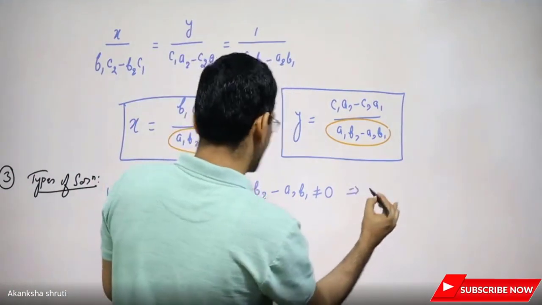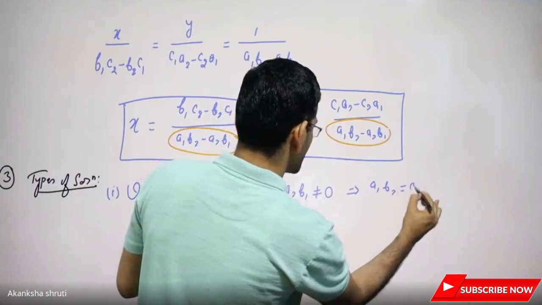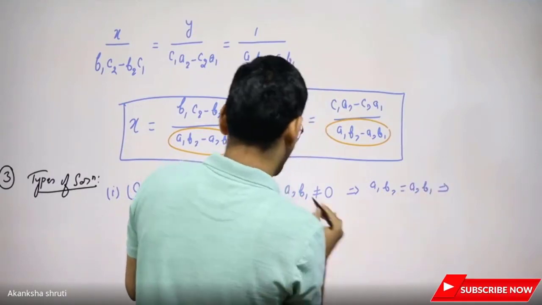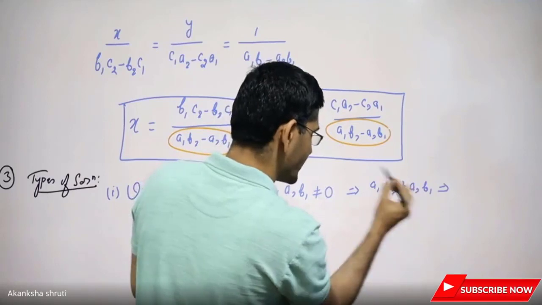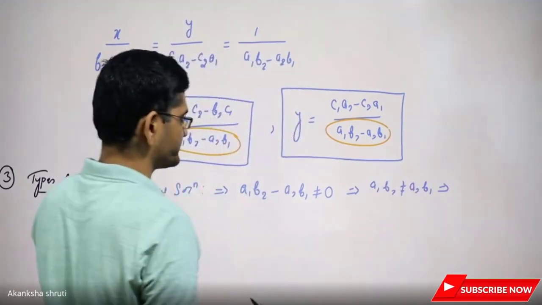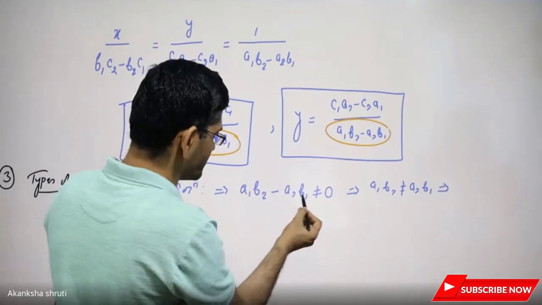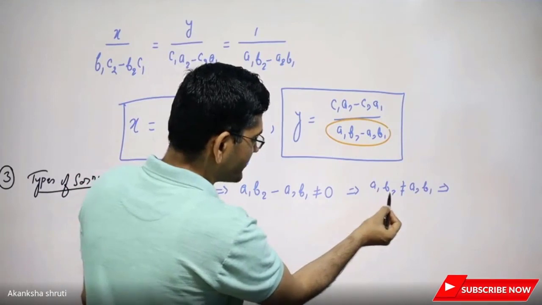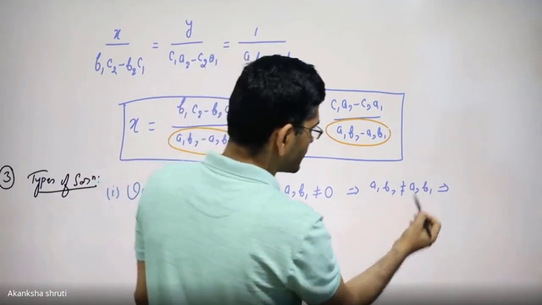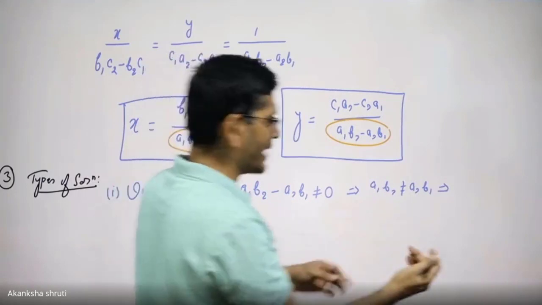Rearranging this, a1 b2 is equal to a2 b1. Bringing this to the right hand side, it should be not equal to 0. Therefore, from a1 b2 minus a2 b1 not equal to 0, we have obtained a1 b2 not equal to a2 b1. This can be rearranged in the form that we have remembered.